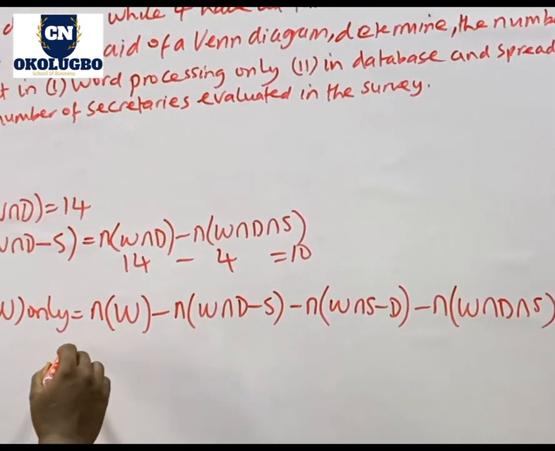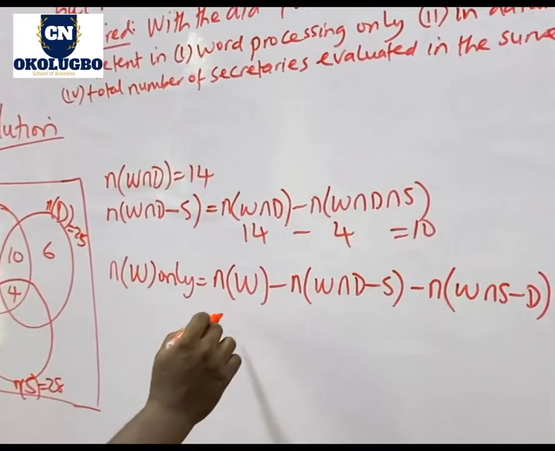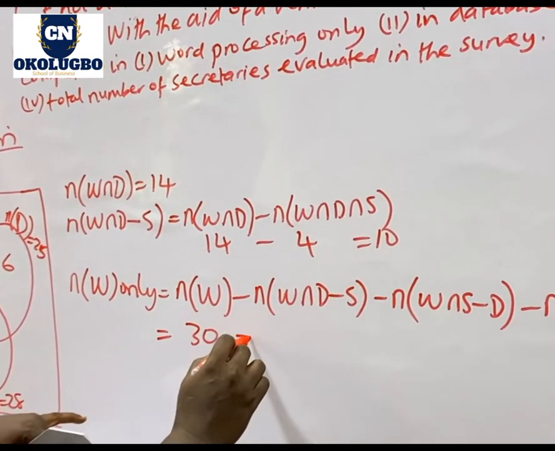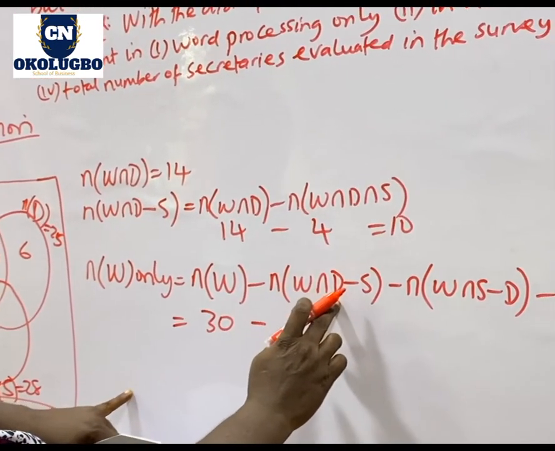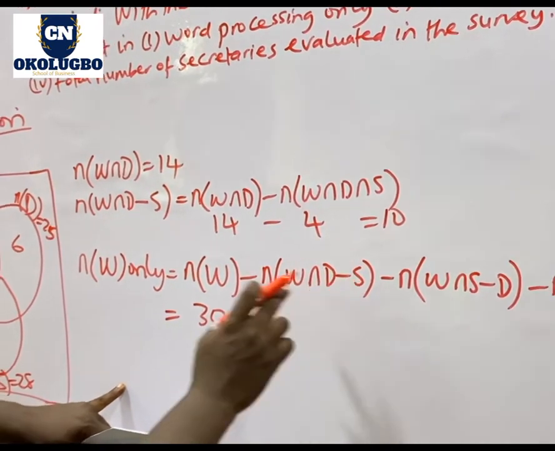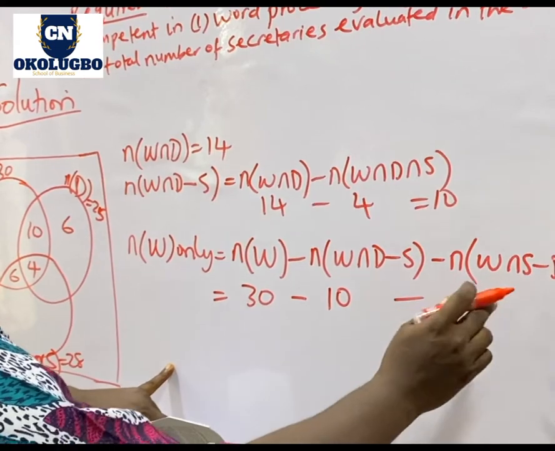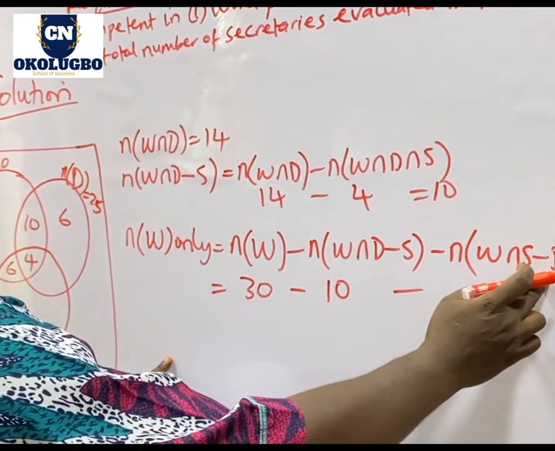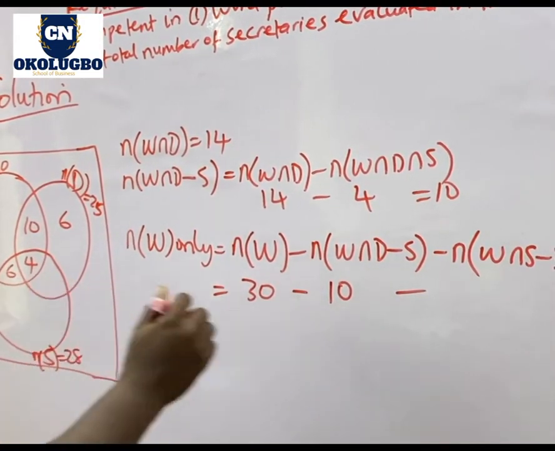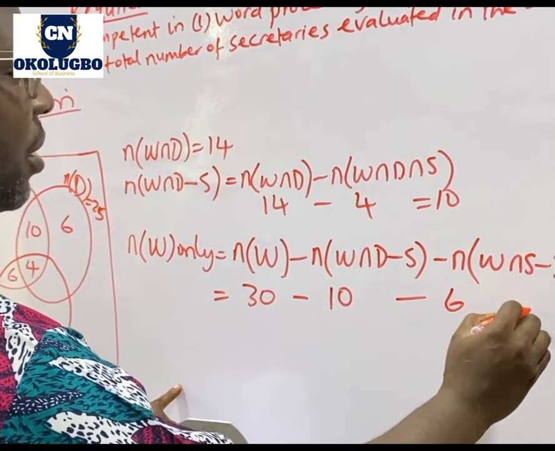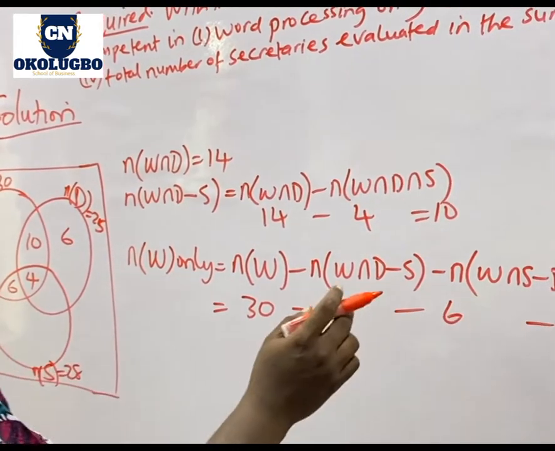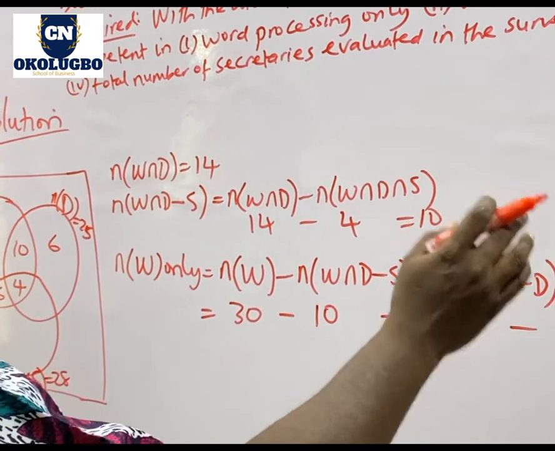So the number of Word is 30, minus the number of Word intersection database minus spreadsheet. This is 10, minus the number of Word and spreadsheet minus database. We already have it as 6, minus the number of Word intersection database intersection spreadsheet.